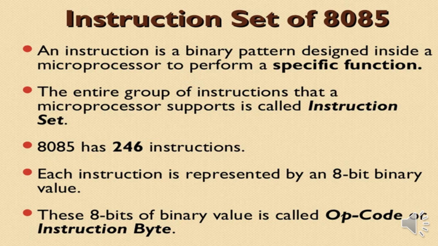The first topic is the instruction set of the 8085 microprocessor. First of all, what is an instruction set? The instruction set is the collection of the instructions that the microprocessor is designed to execute. An instruction is a binary pattern designed inside a microprocessor to perform a specific function.